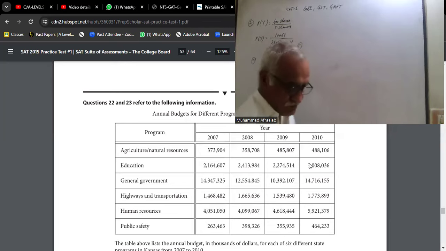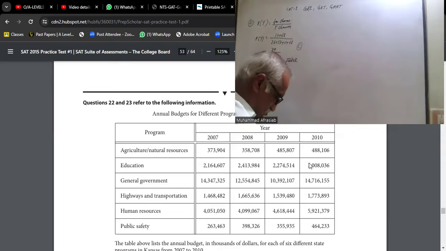That is equal to 129,400 divided by 2, because there are 2 years, so 64,700, which is approximately equal to 65,000 to the nearest thousand, because 700 is more than 500.